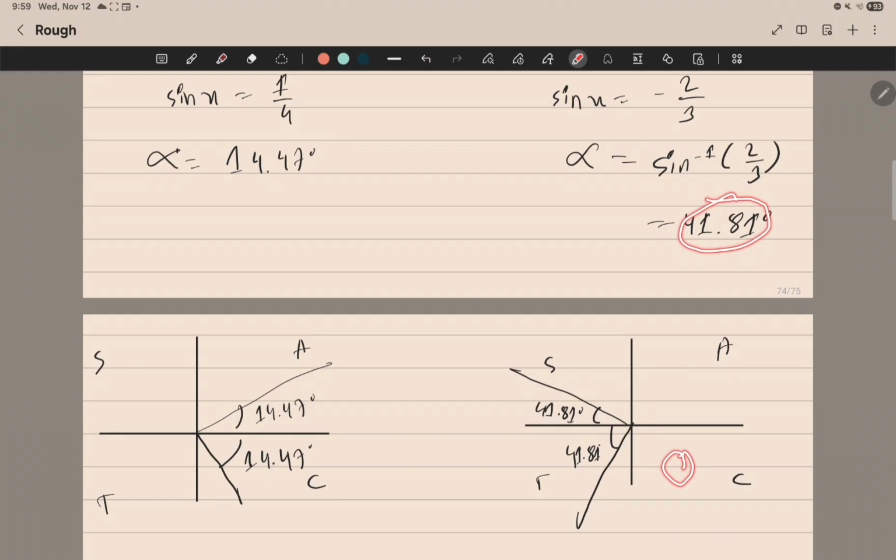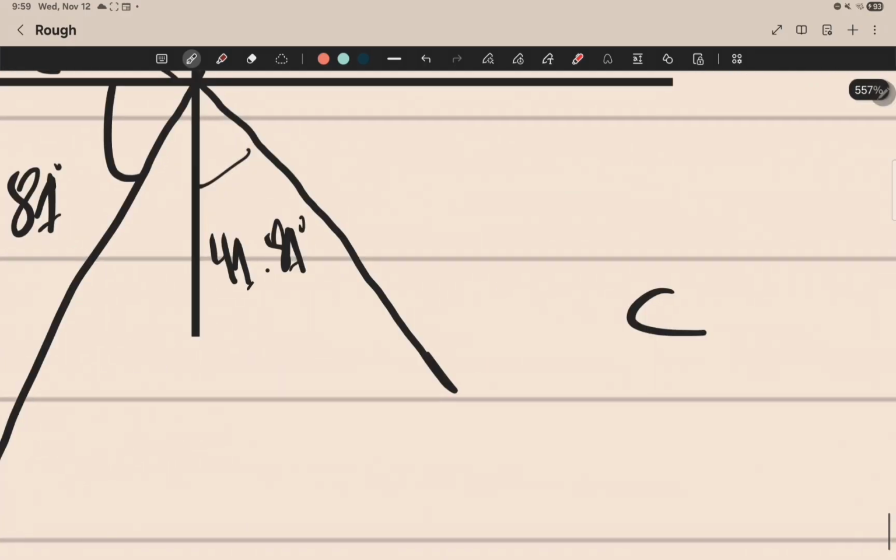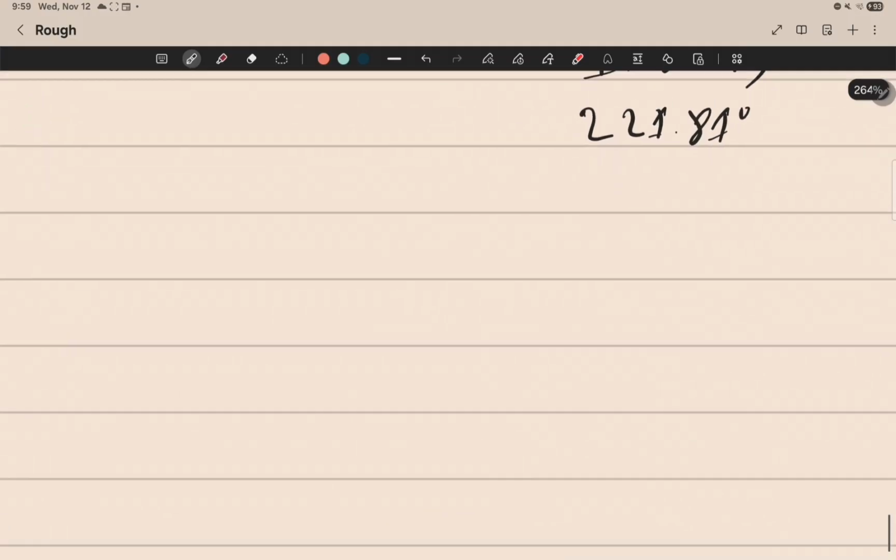This quadrant is empty, and it shouldn't be empty. This will be a third quadrant. It looks bad. Let me zoom it.